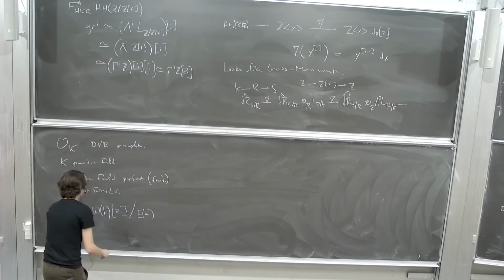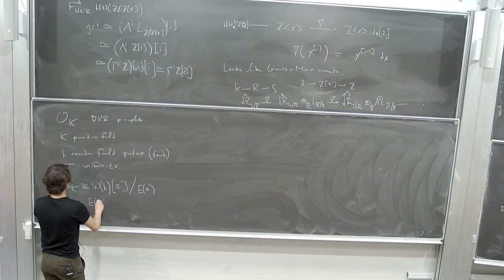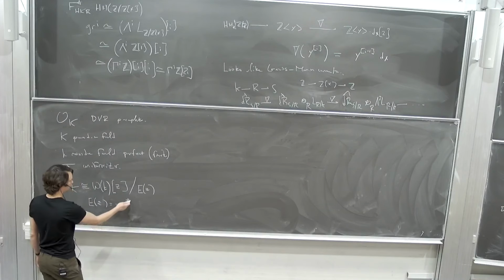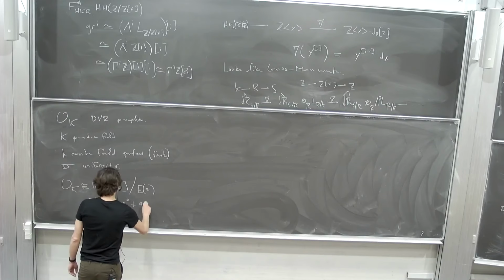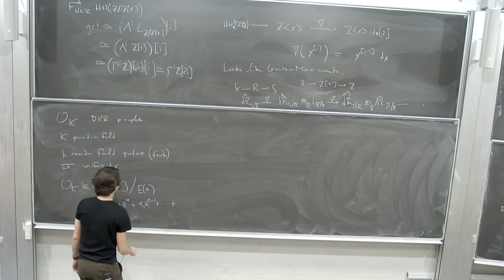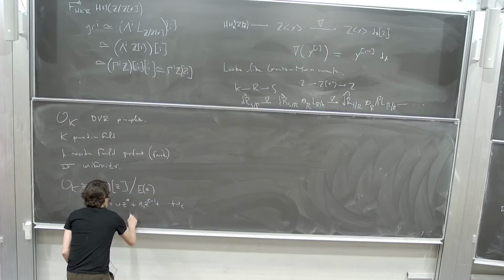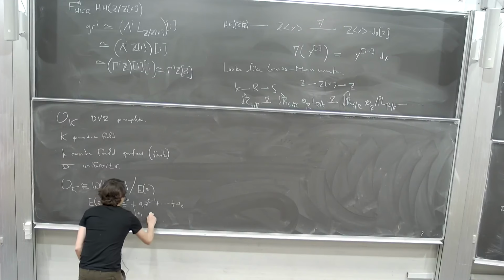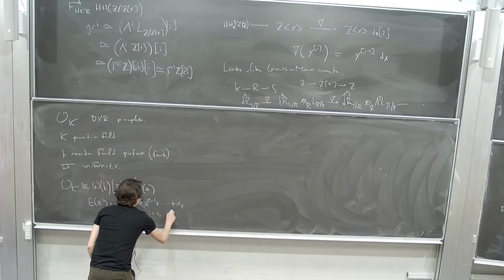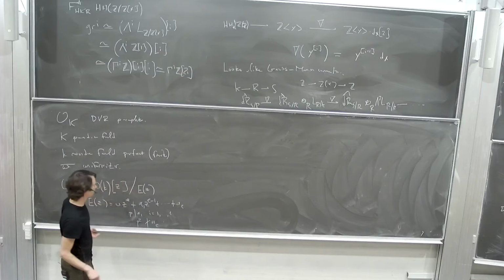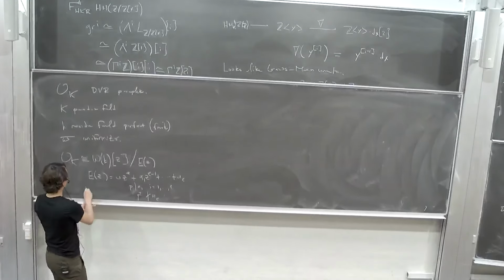This Eisenstein polynomial is a unit multiple of z to the power e, where e is the ramification index, plus a bunch of other coefficients a_i where p divides a_i for i from 1 up to e, and p squared does not divide a_e. So this is just an Eisenstein polynomial.